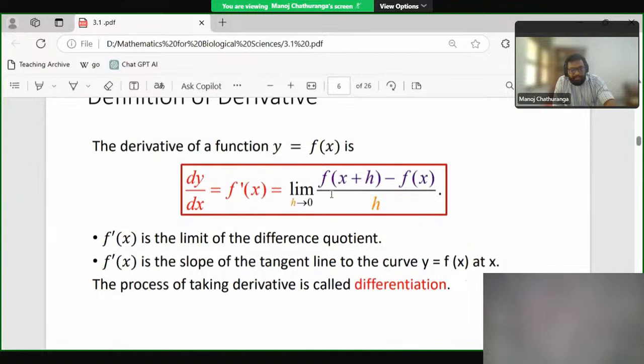The limit of this expression is called the derivative of the function f of x. What this limit computes is the slope of the tangent line, but instead of calling it the slope of the tangent line, we give it a name, derivative. This limit is the derivative. And we have a notation for that.